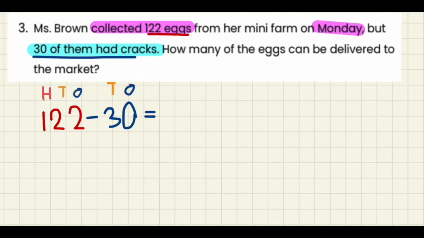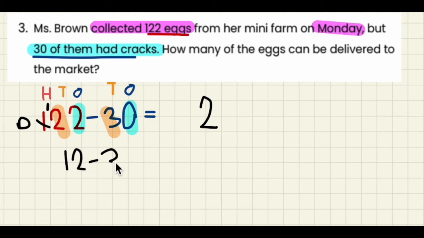Our first step is to take care of the ones place, which is 2 minus 0. 2 minus 0 is 2. Now we can move on to the tens place. The tens place is 2 minus 3. 2, the number in the tens place, is less than 3, which means we have to borrow a 10 from the hundreds place and put it in the tens place. So it would be 12 minus 3. 12 minus 3 is 9.